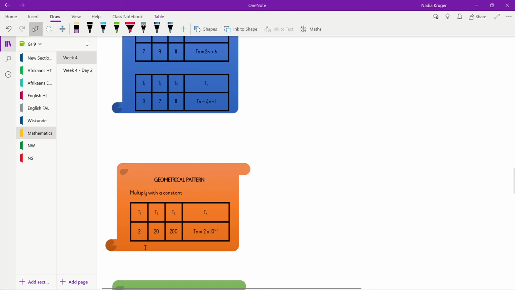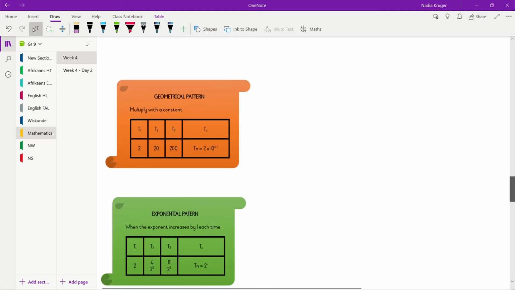In this first set, we have to add 18, and in the next one we add 180. So that doesn't really make sense. Therefore, if we multiply, then you see 2 times 10 is 20, and 20 times 10 is 200. Therefore, we multiply with a constant, and that is how we get to this formula.